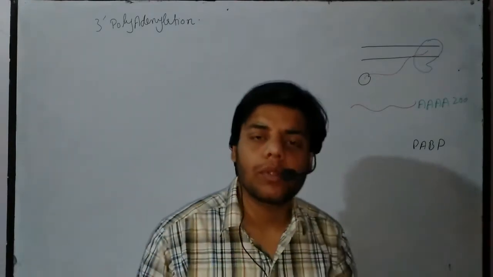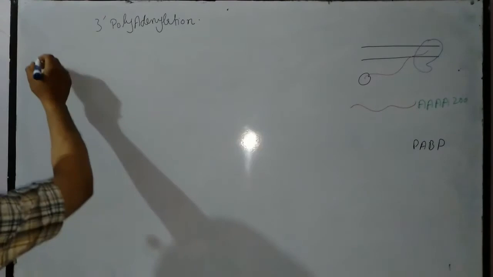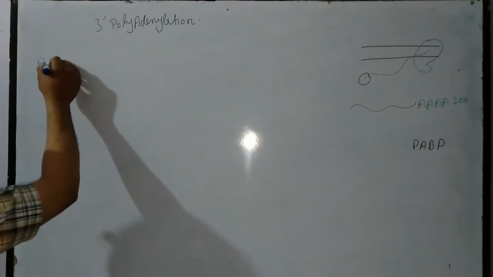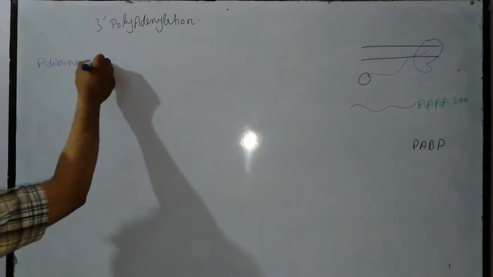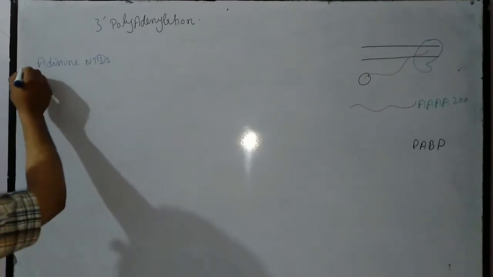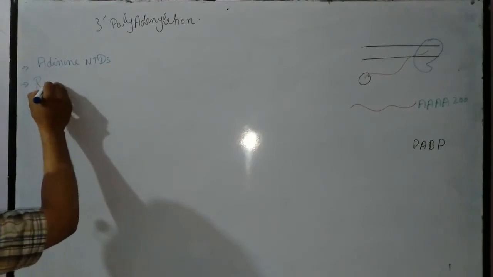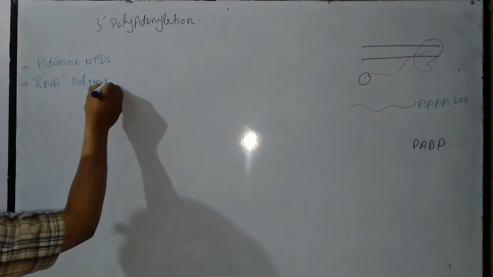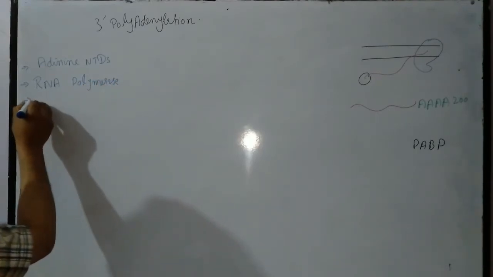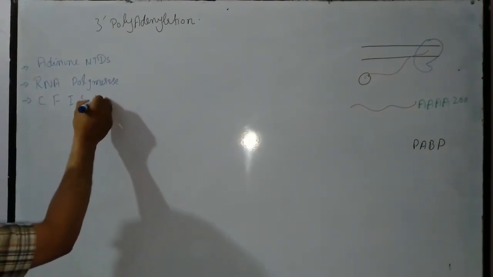Now, what are the main protein factors that are needed for the 3' polyadenylation? First, we need adenine nucleotides. Second, we need RNA polymerase. Third, we need cleavage factor 1 and 2.